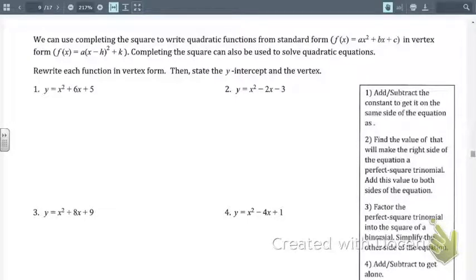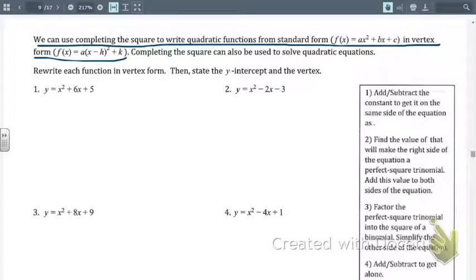Okay, next part. This is really what the lesson's all about here. We can use completing the square to write quadratic functions from standard form to vertex form. And like I said earlier, completing the square can also be used to solve quadratic equations. So problems 1 through 4 focus on this part, going from standard to vertex.